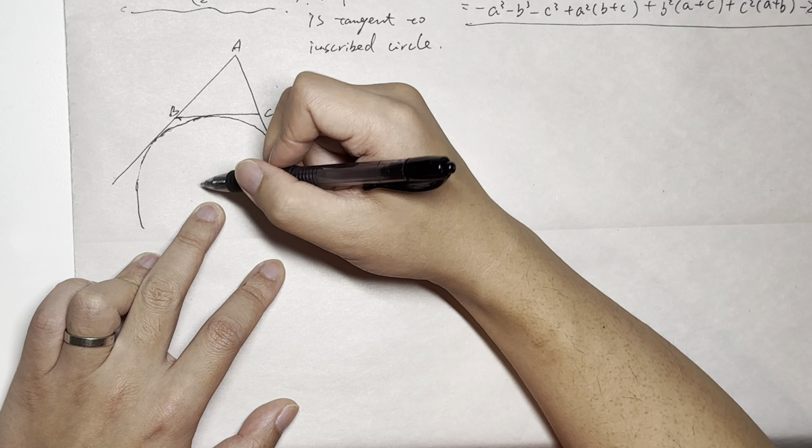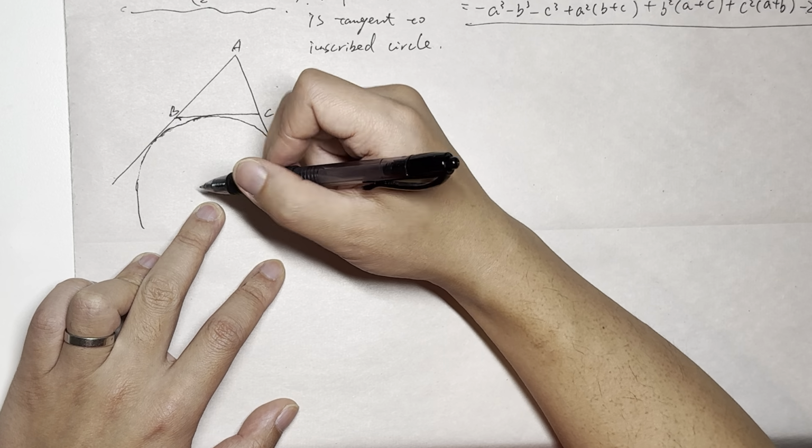Which means it should be on the angle bisector of this angle and on the angle bisector of this angle, and of course on the angle bisector of BAC, right? So these three lines are the angle bisectors. So let's call it IA, right? It's IA here.